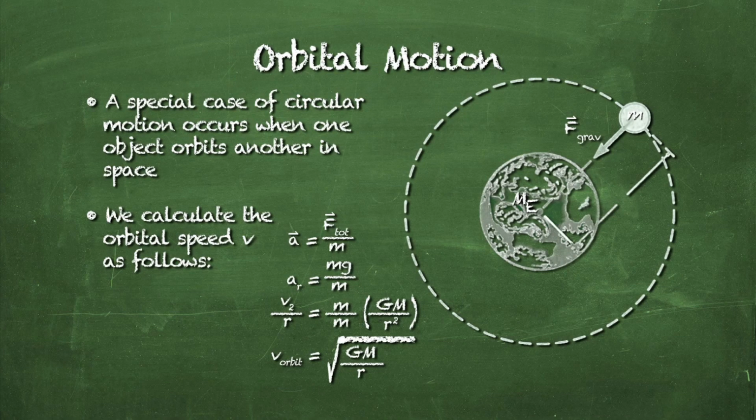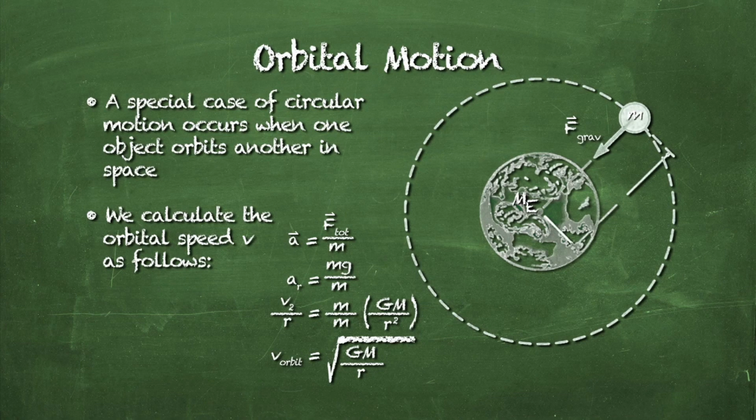a_R, the radial acceleration, we'll replace by v squared over r. And on the right-hand side, we have mass divided by mass, which gives us 1, and we don't have to write that anymore, times g, which we'll write as big G, times the mass of the Earth, divided by the distance that we are from the center of the Earth squared, which is r squared, the radius of the circle squared.